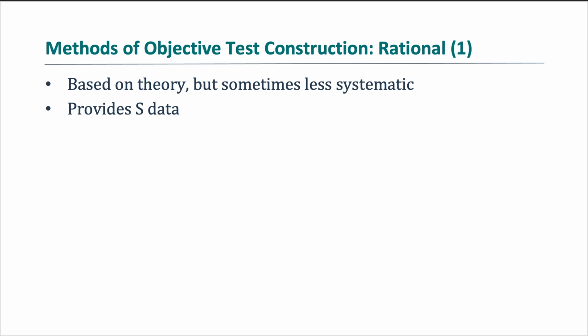So the rational method of construction would be like, hey, we're just going to ask you straight up, how open are you? Or, how easy is it for you to handle a stressful situation with your emotions, right? Those are very direct questions, and you can get a sense of what we're asking just from the question.